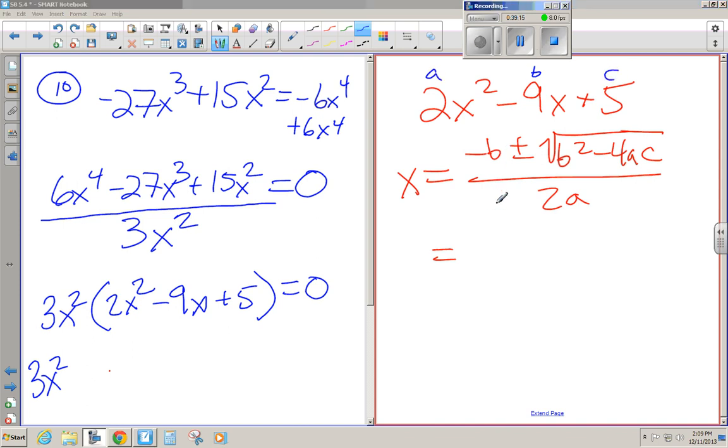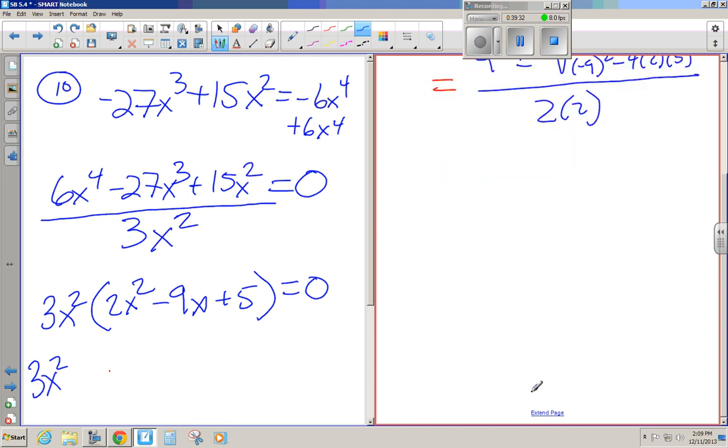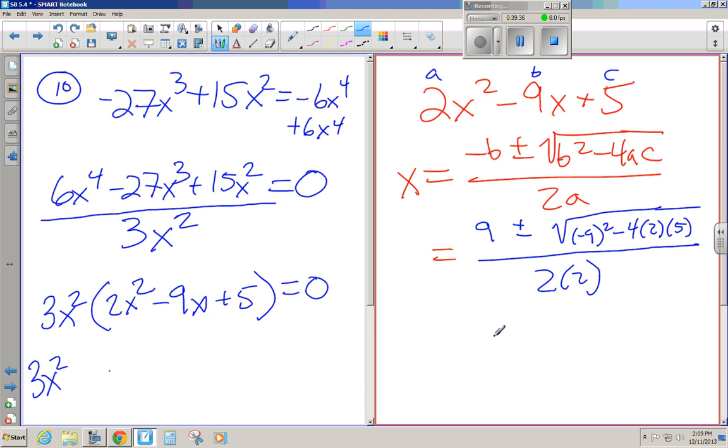So b is negative 9, so 9 plus or minus the square root of negative 9 squared minus 4 times a times c, all over 2 times 2. All right, so that's 9 plus or minus the square root of, work this out, 41, all over 4.